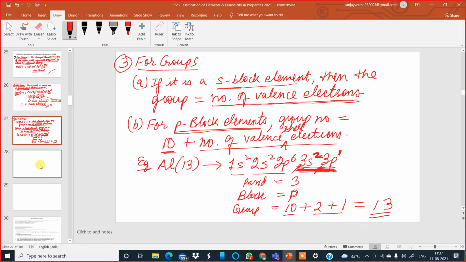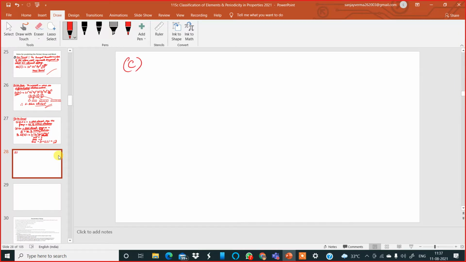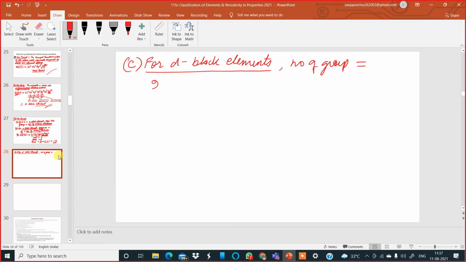Now, rule C, for D block elements. The group number is equal to 2 plus the number of (n minus 1) d electrons.